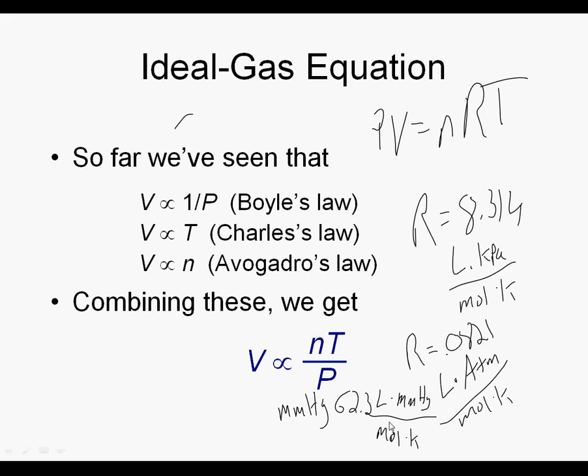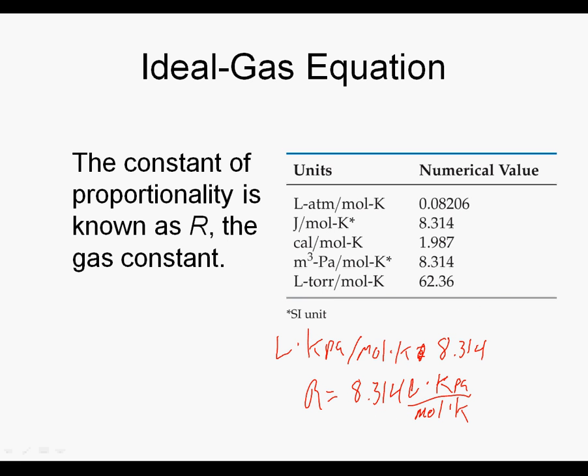Okay, so I have that. Look at that, there it is, all the different units of R. You don't have to know any of them, but I think your book only gives you one of them, and the help sheets. But check your help sheets.